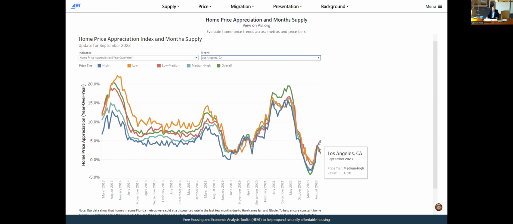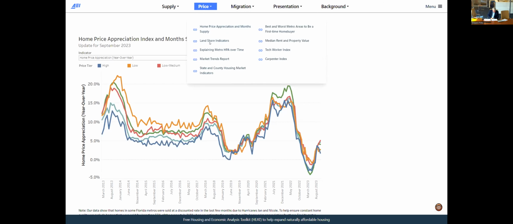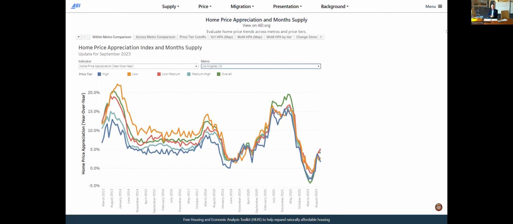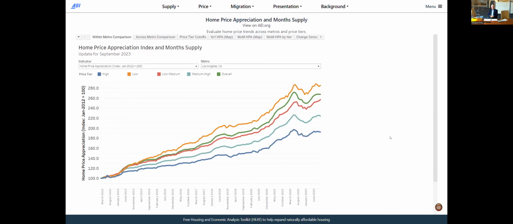Next slide, please, which is house price appreciation cumulative. So this is showing what's happened since the beginning of 2012.